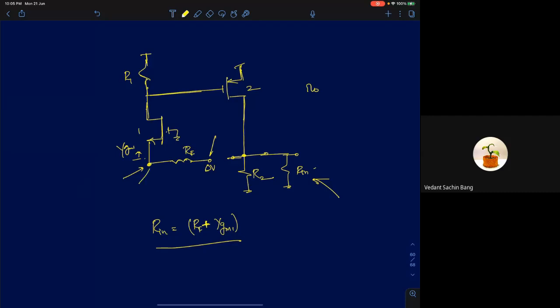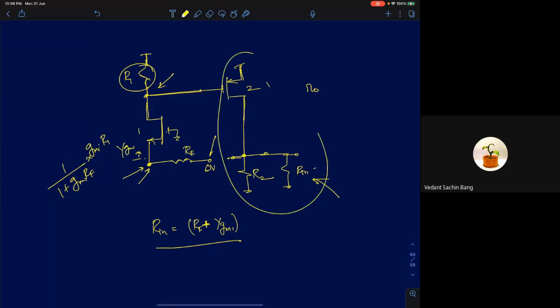So the voltage at this node here is going to be 1 by 1 plus GM1 RF, then multiplied by GM1 into R1. So this multiplied by GM1 into R1 will be the voltage at this node. Multiplied by GM2. So this is a common source, PMOS common source amplifier.